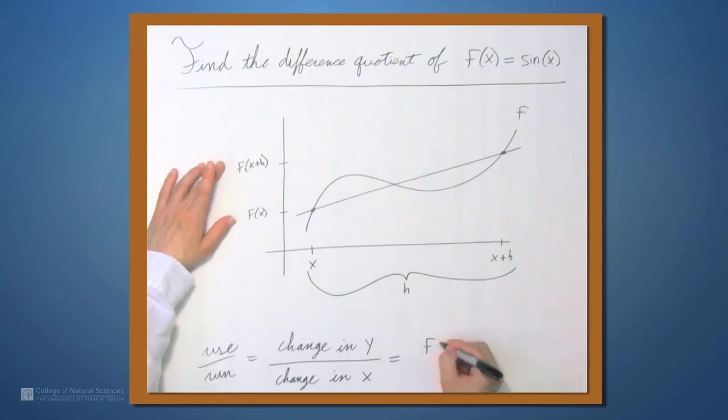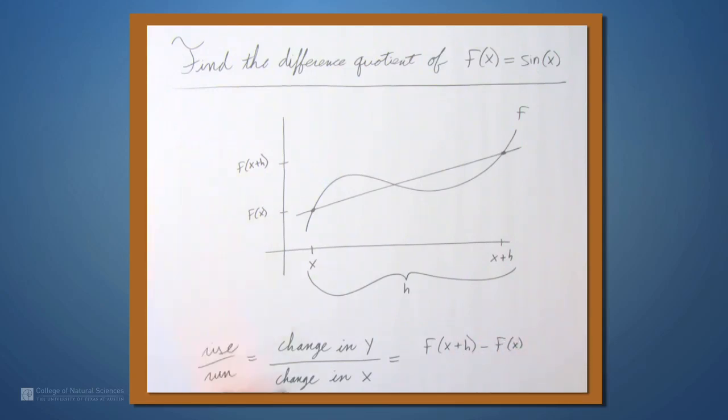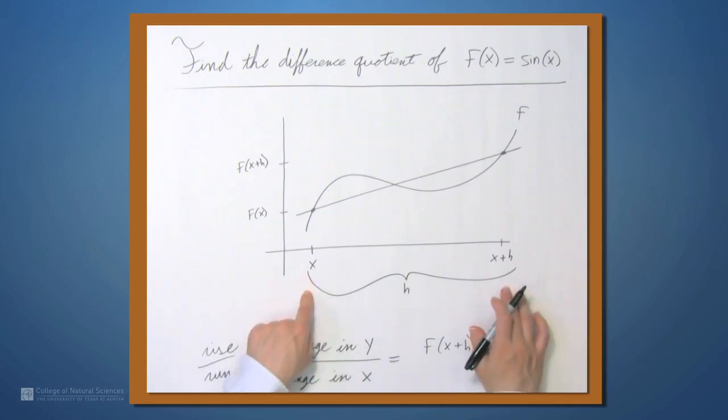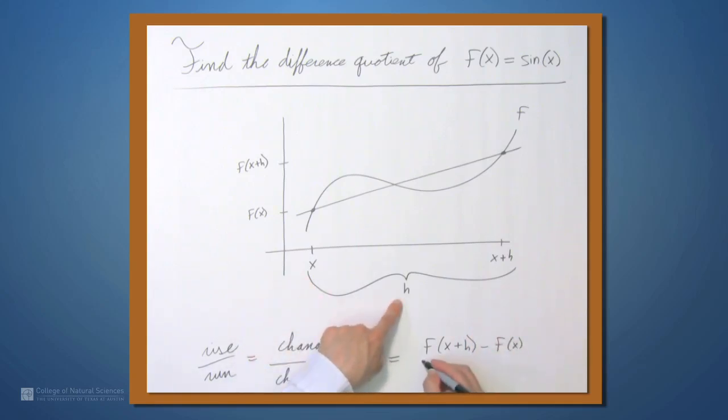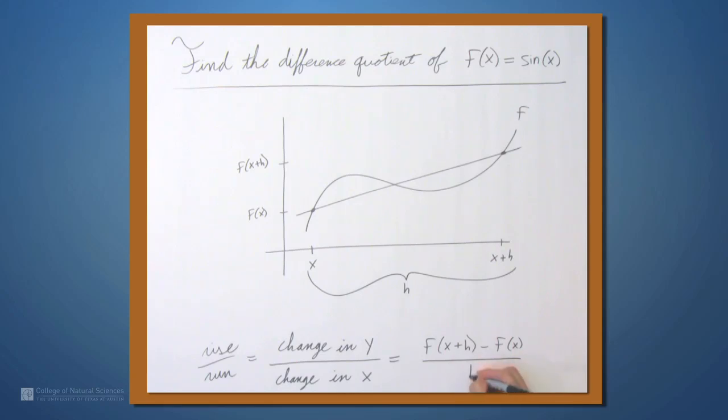So it's f of x plus h minus f of x, and the change in x is the distance between these things, which is h. So it's this, f of x plus h minus f of x, all over h. So as always, you should know this formula, but if you know where it comes from, it's easy to remember.